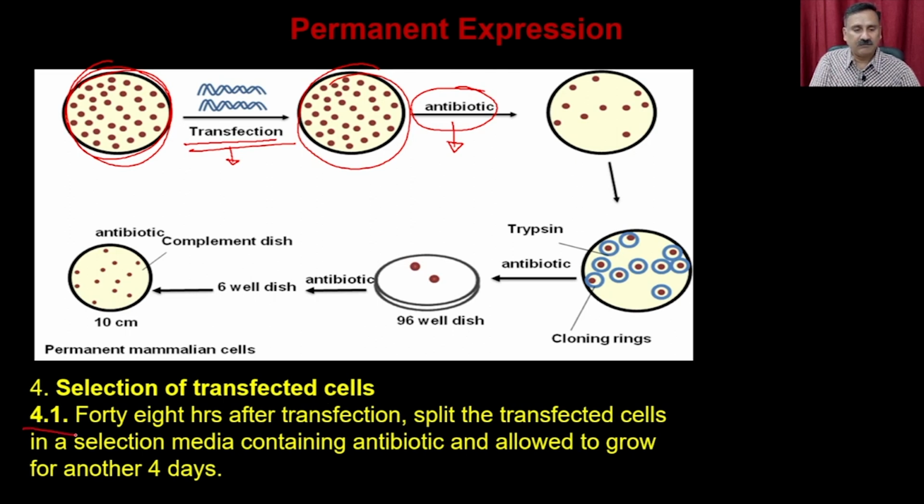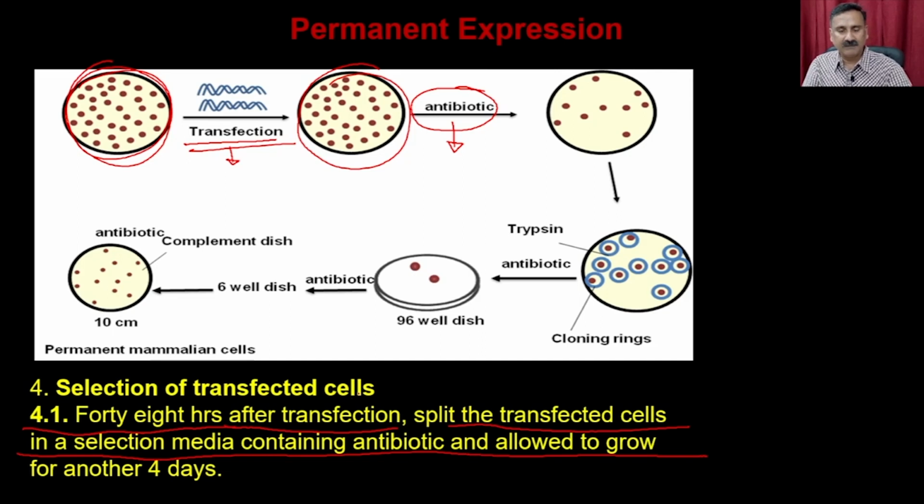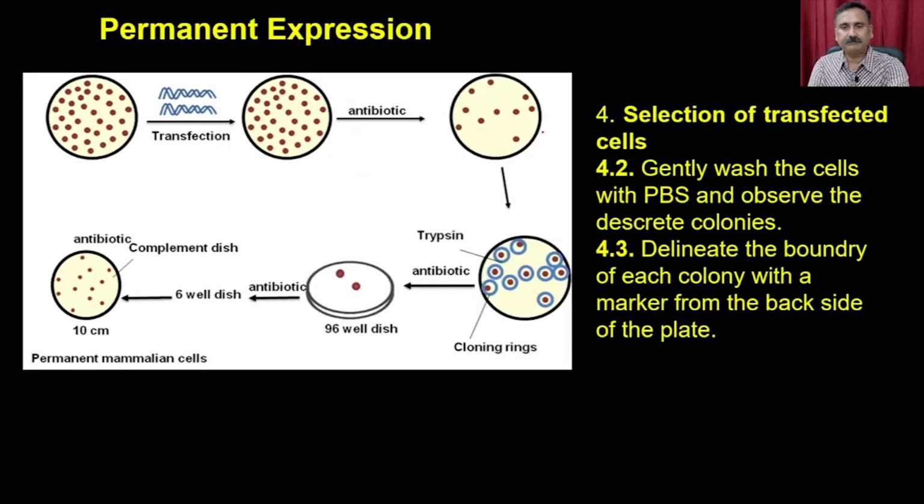In the selection of the transfected cells, you have two options. 48 hours after transfection, split the transfected cells into a selection media containing antibiotic and allow them to grow for another 4 days. This kills most of the non-transfected cells, but allows the proliferation of the transfected cells.